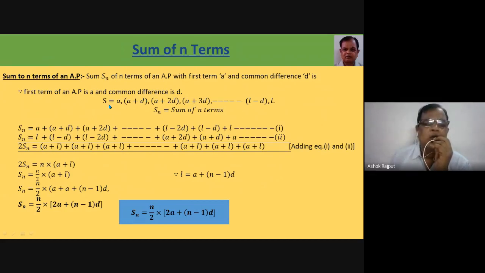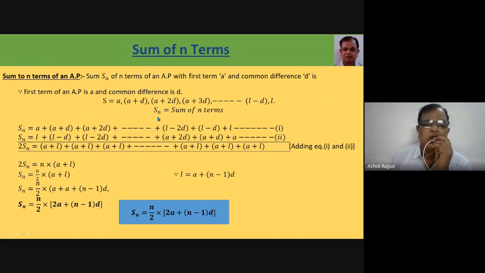As we know, the AP is a, a plus d, a plus 2d, a plus 3d, and so on, l minus d and l. Here l means the last term. Because the difference is d, we have subtracted, because the term just before is less by the difference.